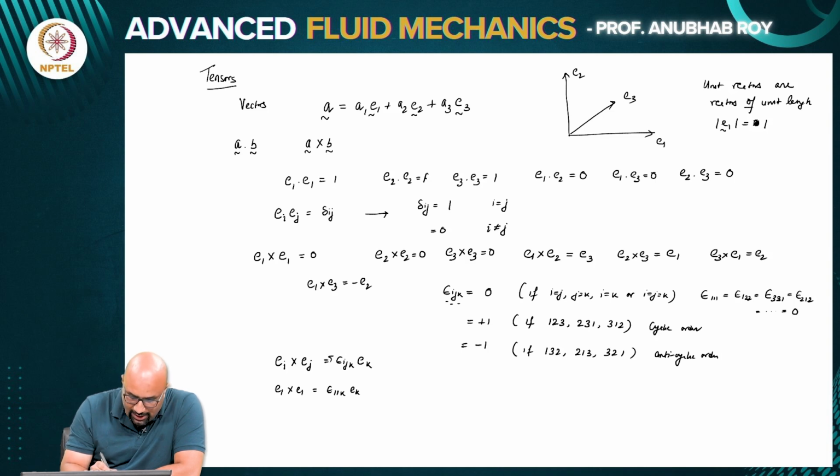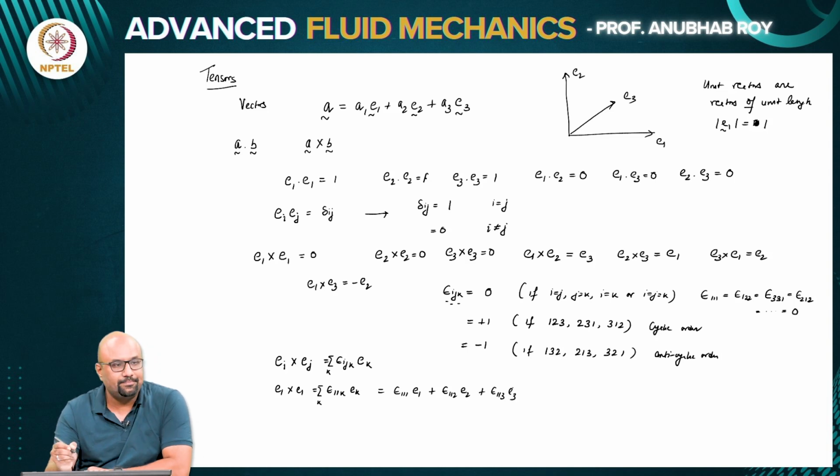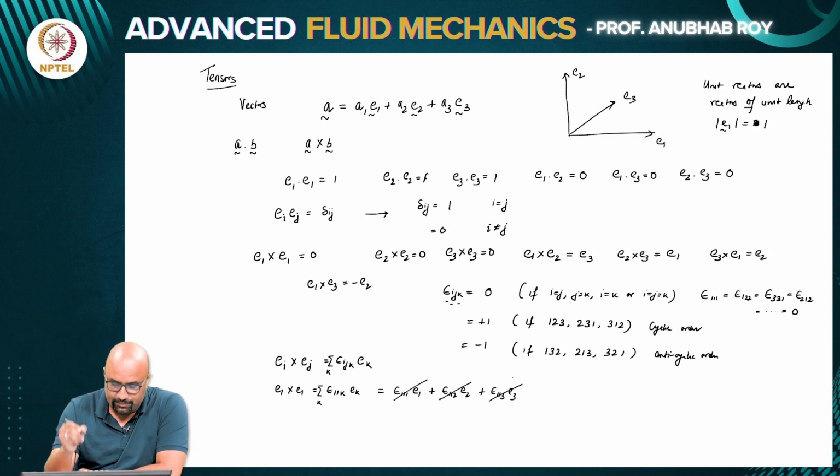So, what you will actually have here is a summation over all possible values of k, which means this object is epsilon 1 1 1 E1, epsilon 1 1 2 E2, epsilon 1 1 3 E3. And each of these quantities are going to be 0. Why so? Because you can see that the permutation symbol has indices which are the same in all the 3 cases.